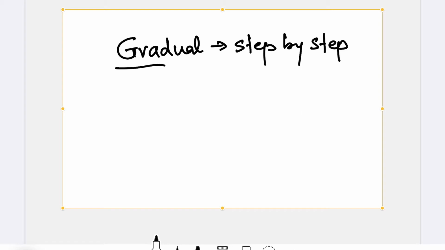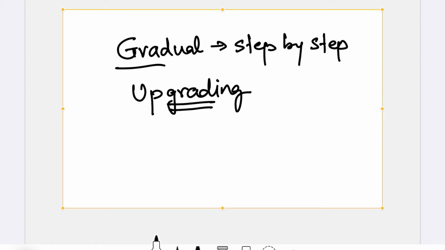Now, the movement can be upward or downward. If we are moving upward or to a better position, then we say we are upgrading. The root word over here is again grad, but the movement is upwards. What happens when the movement goes down?